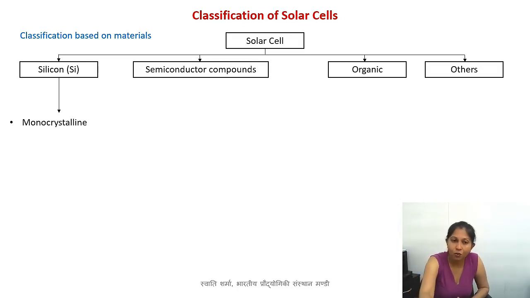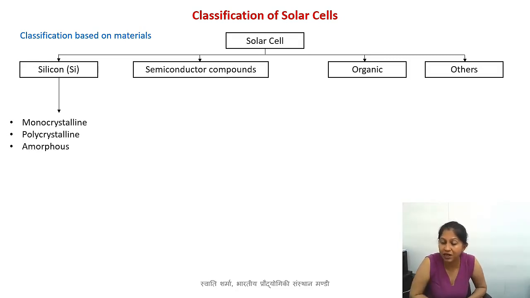Okay, so what happens? We can use monocrystalline, which is single crystal silicon, and we can also use polycrystalline silicon material. In addition to that, we can in fact even use amorphous silicon material for the purpose of solar cell fabrication.